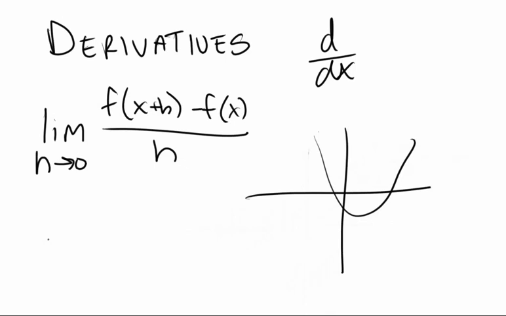So you can calculate the slope at that point. And so we talked about this earlier with the difference between instantaneous and average rate of change. So basically you're going to calculate the instantaneous rate of change, or the slope of the tangent line at that point. And that's what a derivative is. A derivative is the slope of the tangent line.